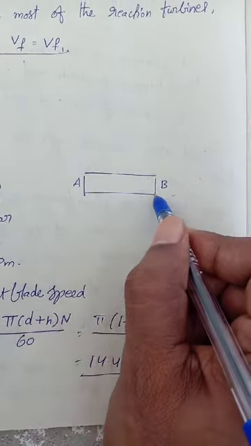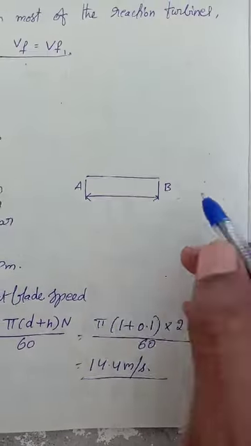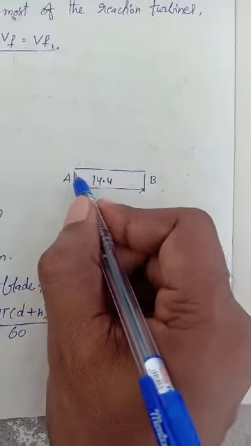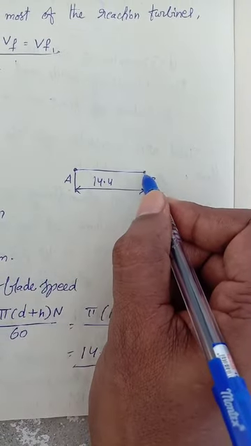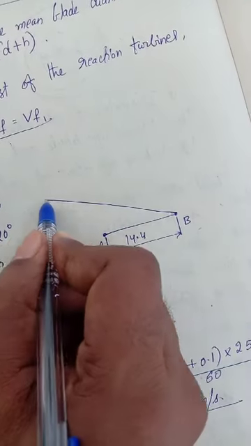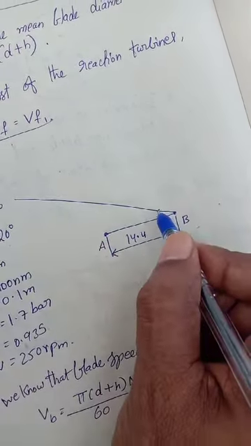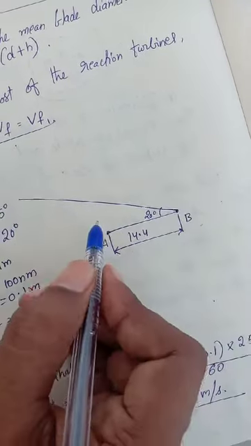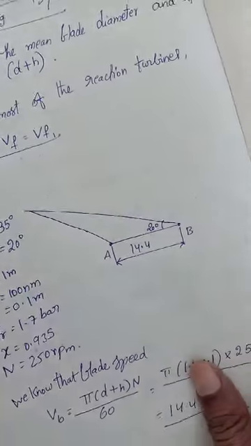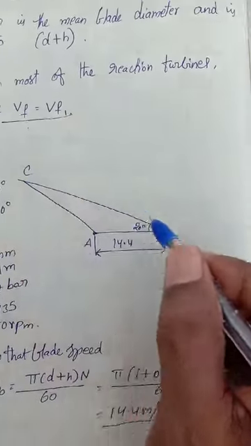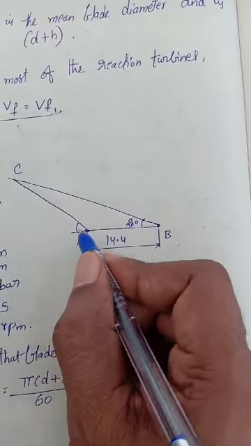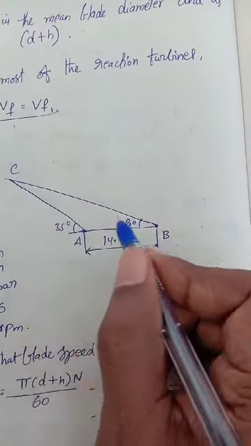A to B. Now I know the distance, this is 14.4. Now I am going to take 20 degrees and here 35 degrees.